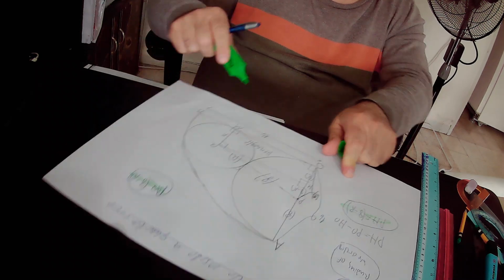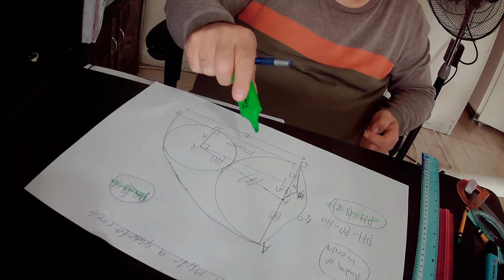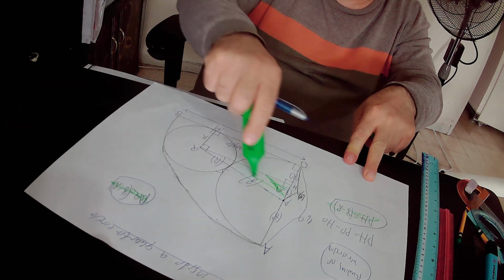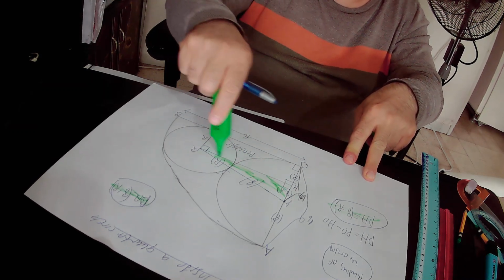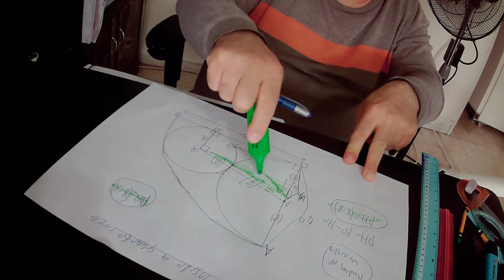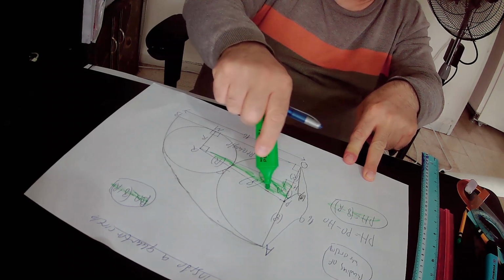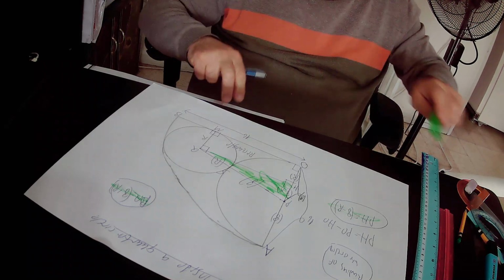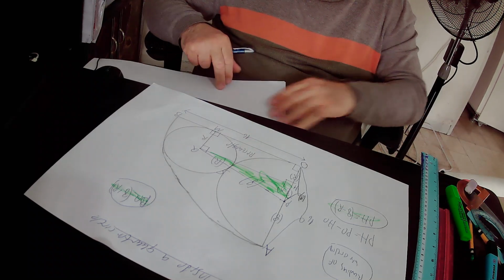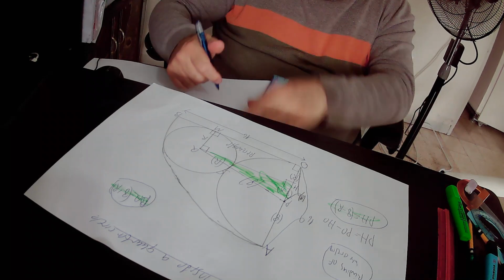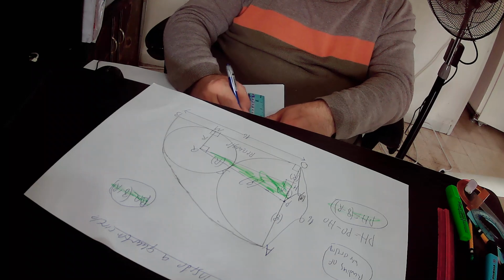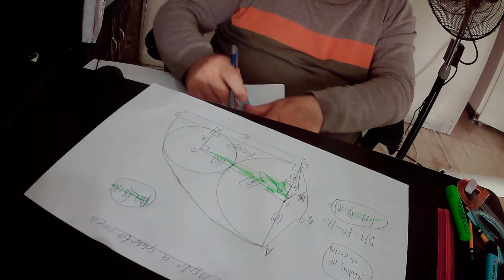In the next step, I will copy the right green triangle PHQ in a new page, and we will implement the Pythagoras theorem on this right green triangle PHQ. According to the Pythagoras theorem, in any right triangle, the square of the hypotenuse equals the sum of the squares of the perpendicular sides.